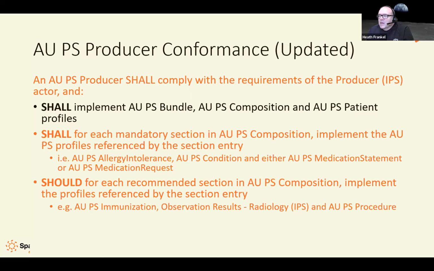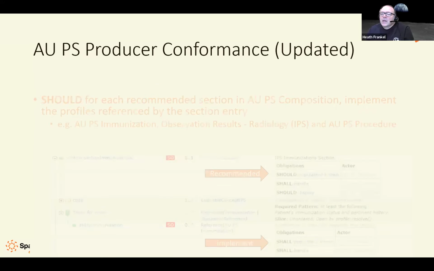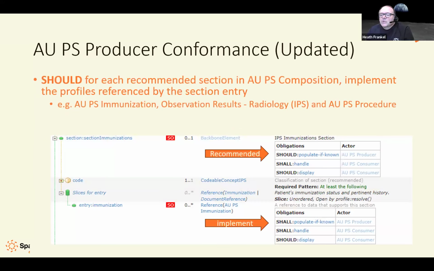There's also a medical device. As an example, we represent recommended sections using an obligation of should populate if known. And then within that section, we have an immunization that says shall populate if known.